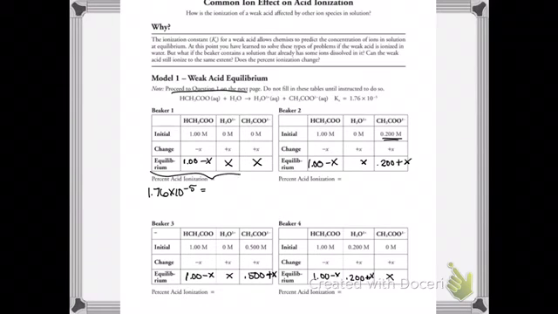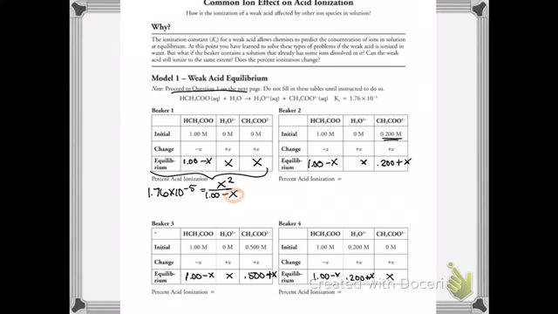In this first one right here, look at your products. They are both x, so I'm going to say x squared on the top. And on the bottom, this would be 1.00 minus x. So at this point, anytime you see a plus or minus x, like what you've got right here, pretend like it doesn't even exist.